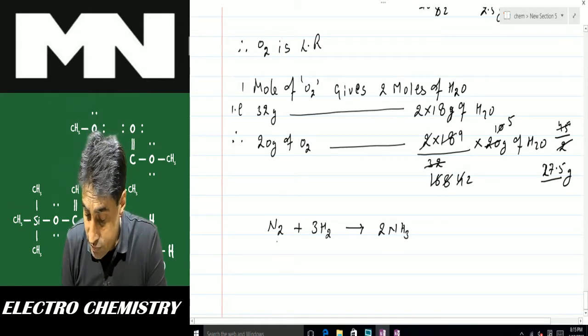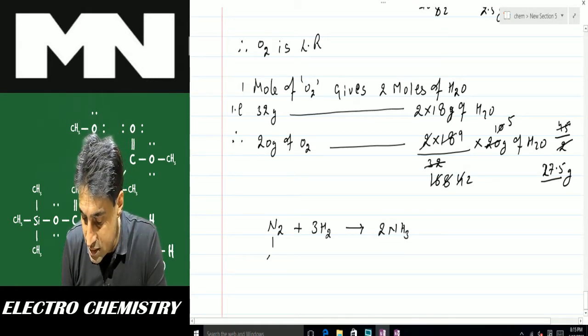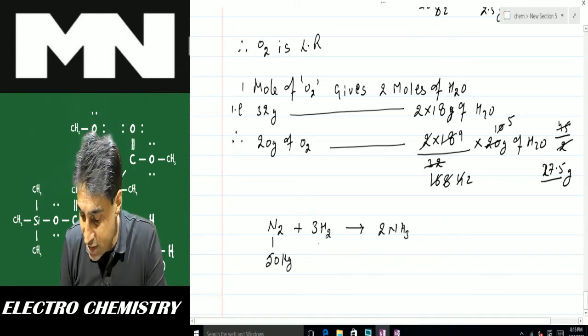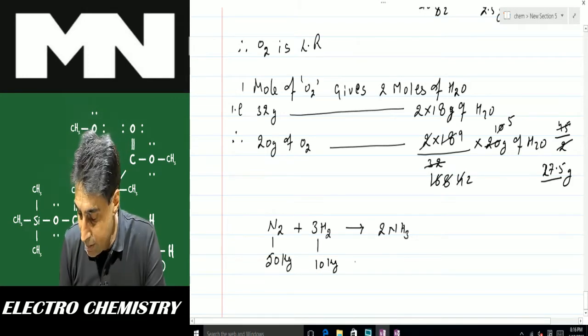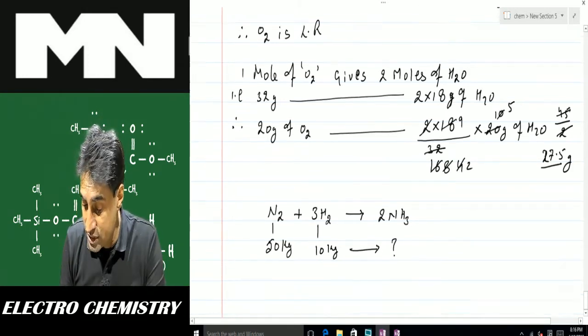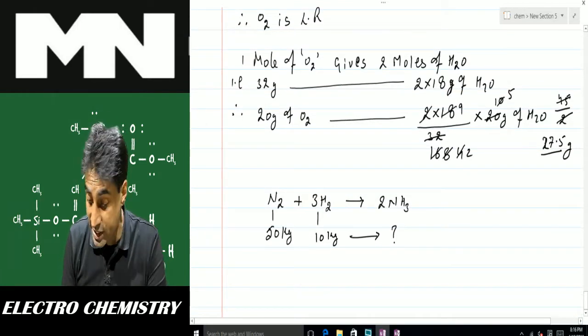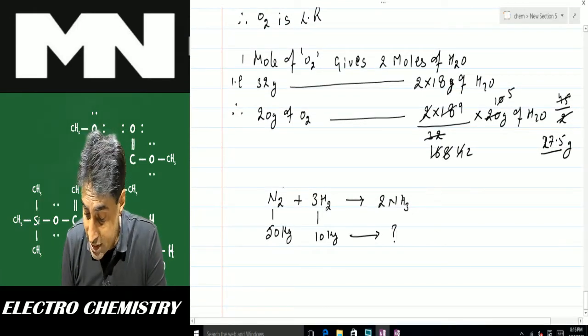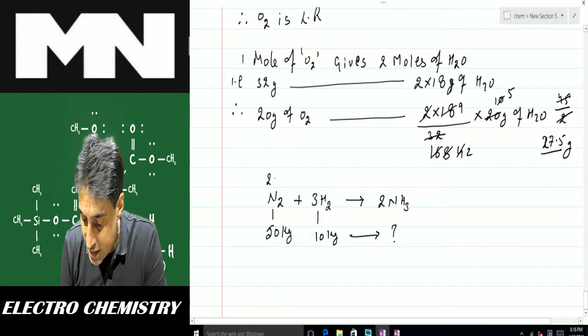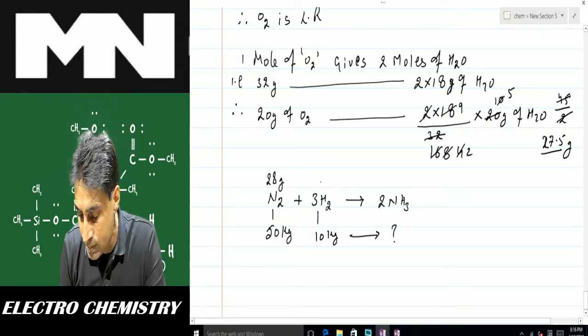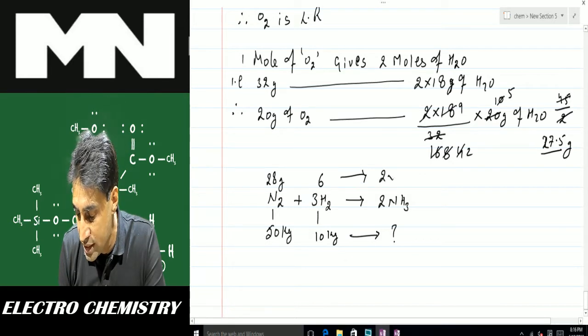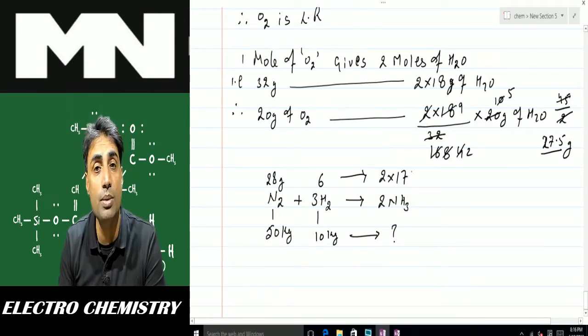Now the quantity of nitrogen which is given to you is 50 kilogram and the quantity of hydrogen given to you is 10 kilogram, and you have been asked the amount of ammonia that will be formed. From the equation it is quite evident that 28 grams of nitrogen reacts with 6 grams of hydrogen to give you 2 into 17 grams of ammonia.